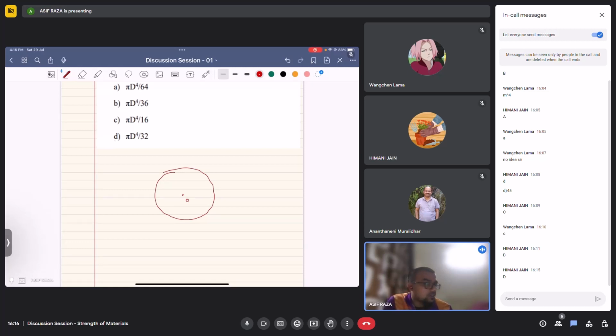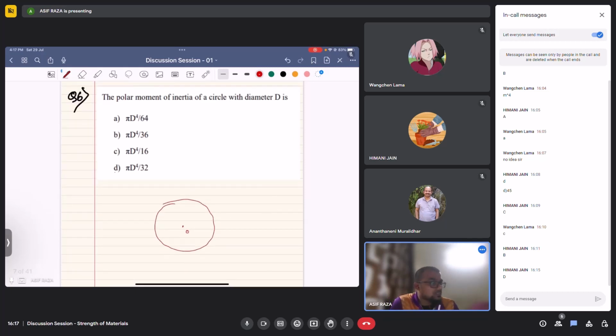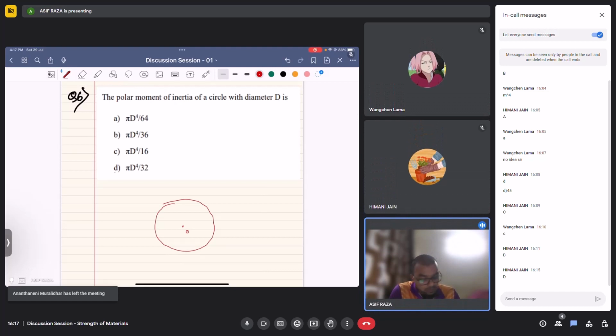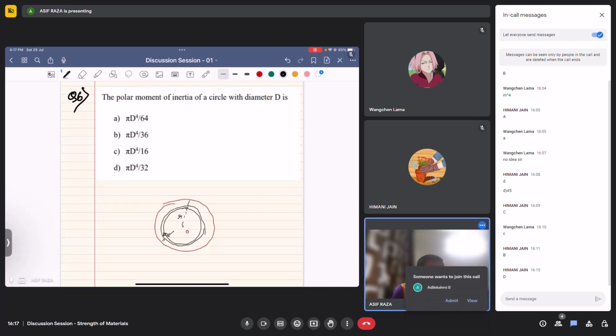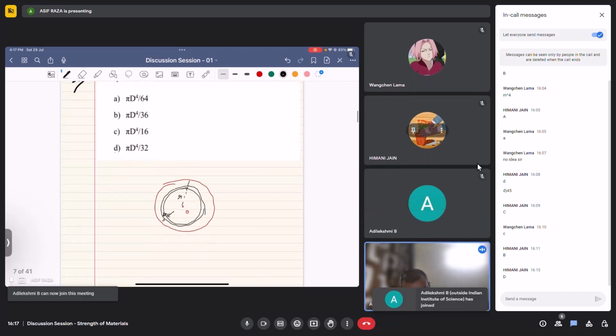We need to find the second moment of area about this point, this axis, which is out of this plane. So how would we find it? Suppose we take a strip at a distance r, which has a thickness dr.